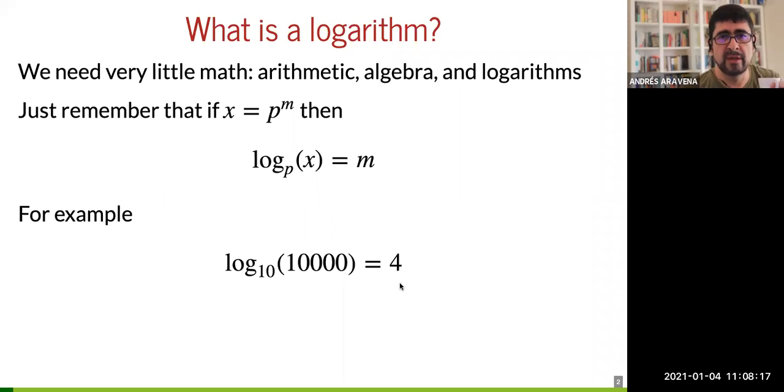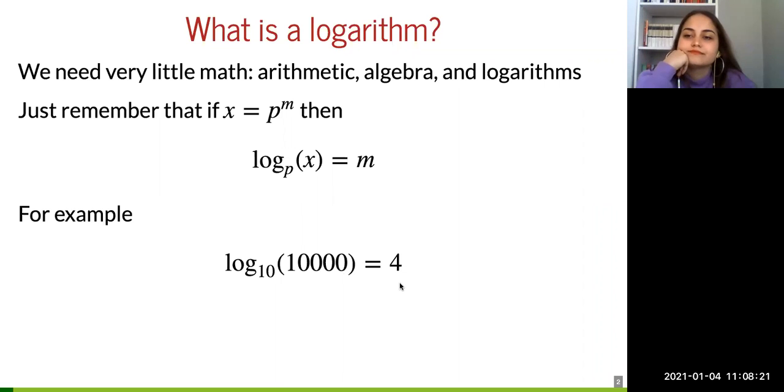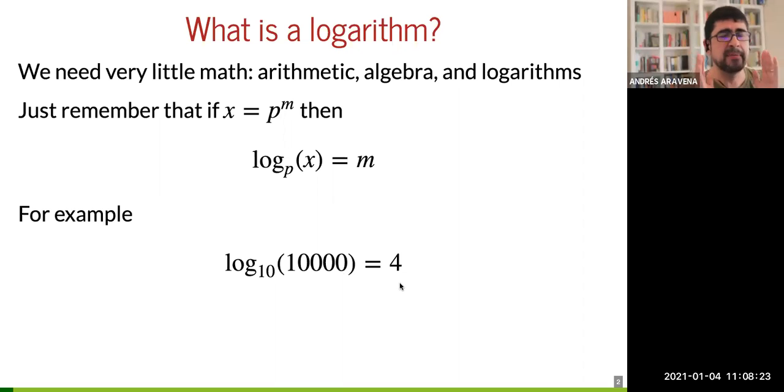Agree? Okay, easy, no? Yeah, that is the idea. It's kind of counting the size, essentially the number of digits. That is one of the reasons why this is important. The number of digits corresponds to the logarithm of the number. It's proportional to the logarithm of the number.